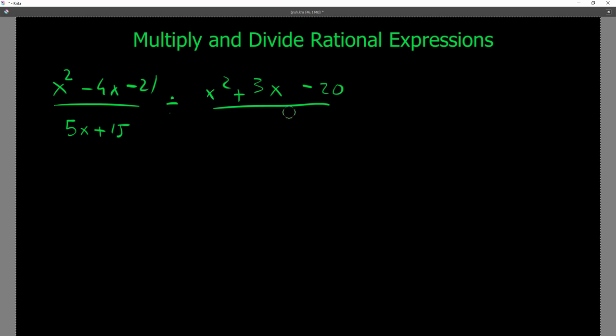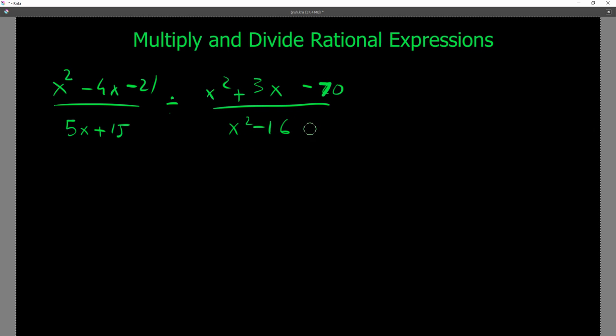That's such bad handwriting. I can't even read my own handwriting right now. Let me just check. Oh, that's 70, not 20. So that should be a 70.